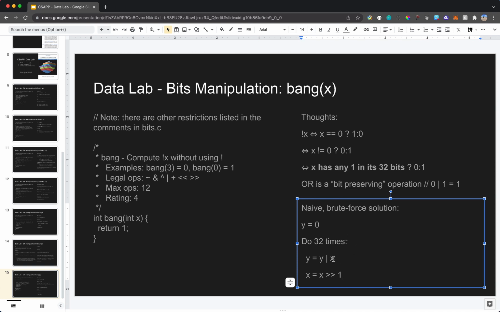What this does is, in iteration i here, we are only using the last bit of y. All the other bits we don't care about. So y's last bit tells us if there is a 1 in x positions 0 to i.